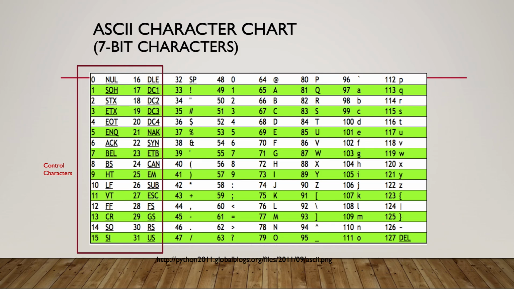Here we can see that numbers 0 through 9 are sequential, and they are assigned the integers 48 through 57. After numbers, we can see capital letters that begin from 65, capital A, and then it follows, and lowercase letters start from 97.